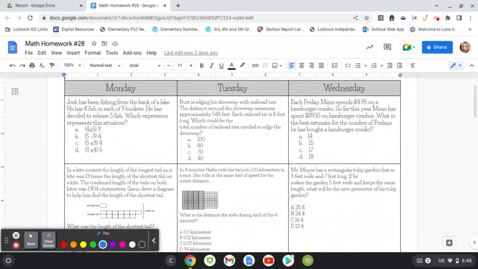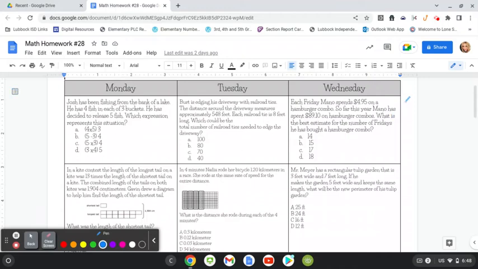Next, each Friday, Mono spends $4.95 on a hamburger combo. So far this year, Mono has spent $89.10 on hamburger combos. What is the best estimate for the number of Fridays he bought a hamburger combo? To me, this is a really easy estimation.